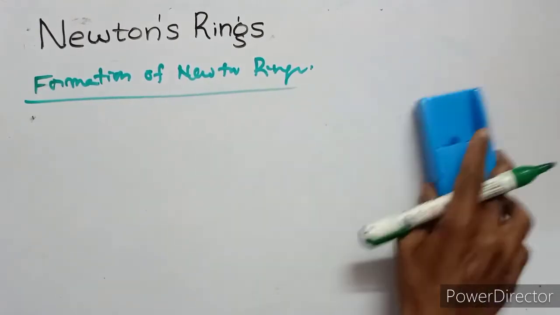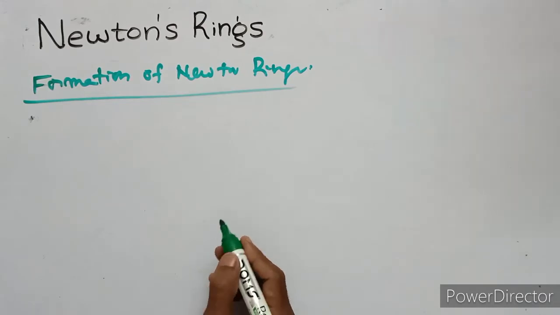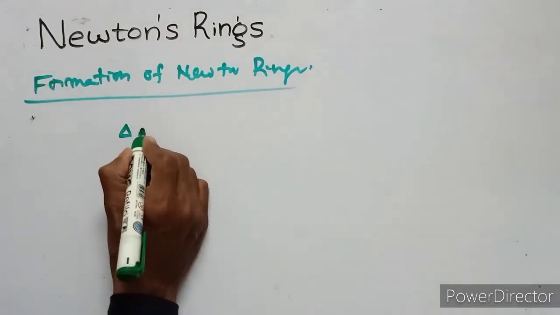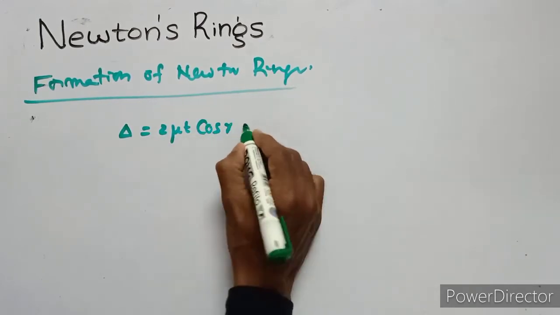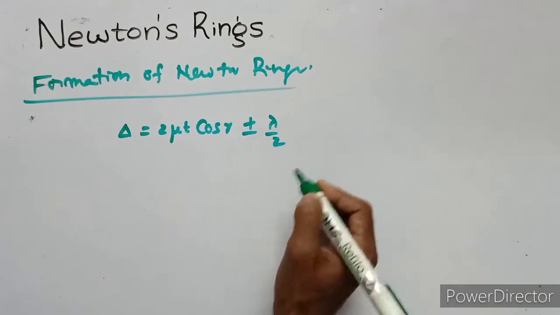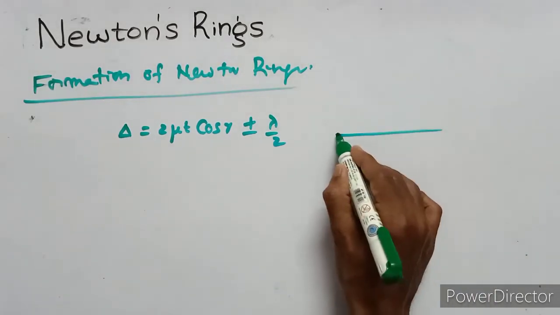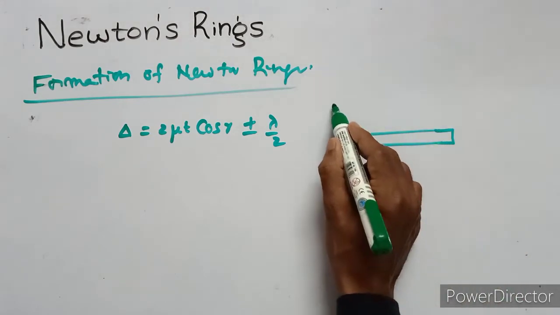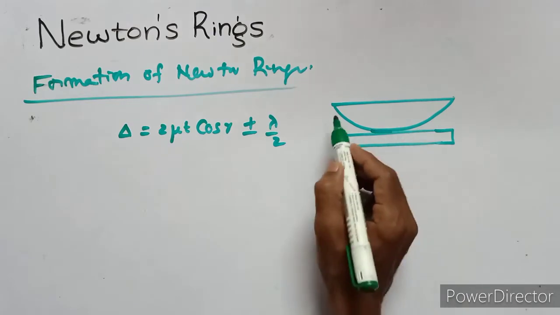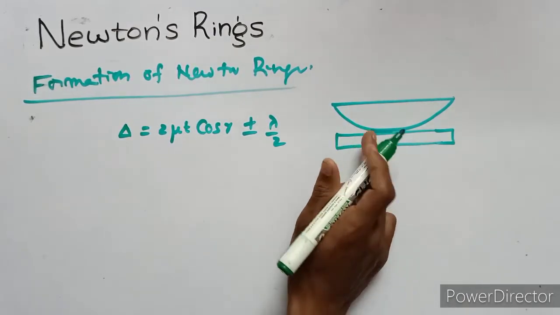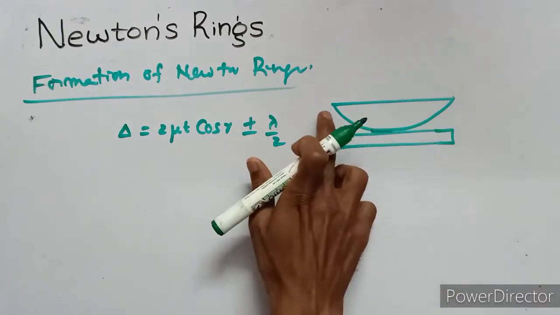The general effective path difference formula is delta equals 2 mu t cos r plus or minus lambda upon 2. This is the glass plate, this is the plano convex lens, and this area is an air film.